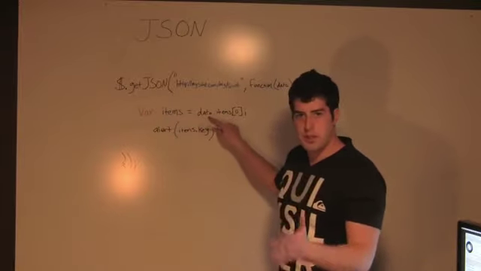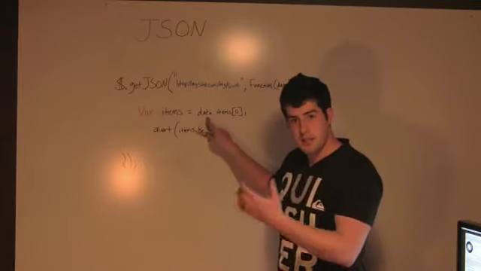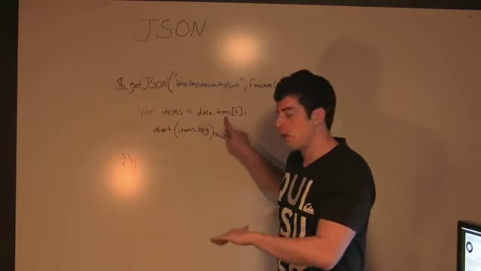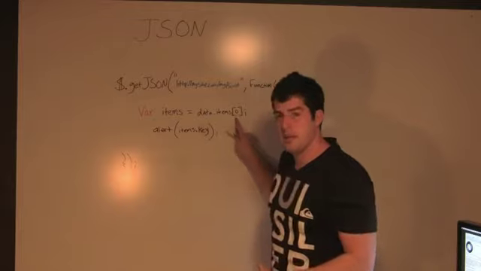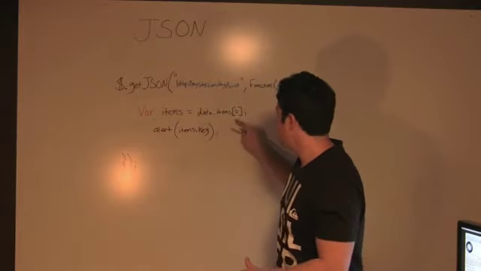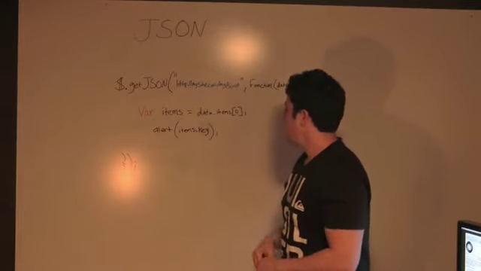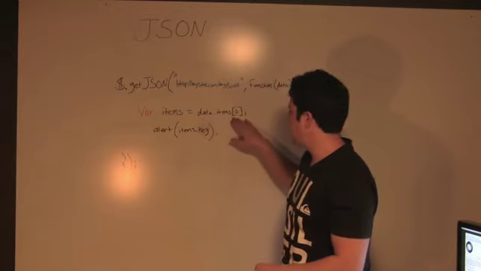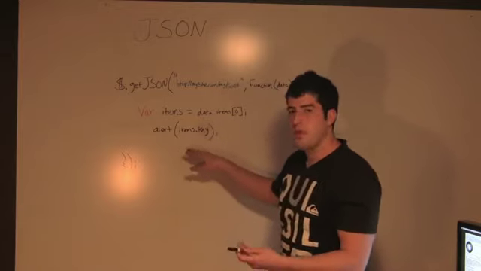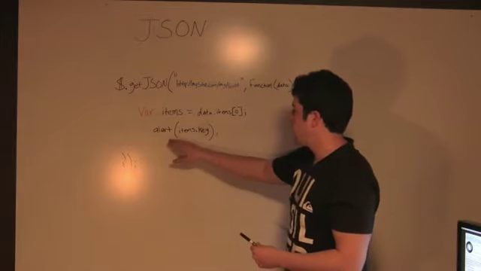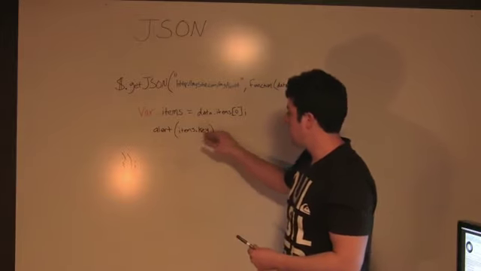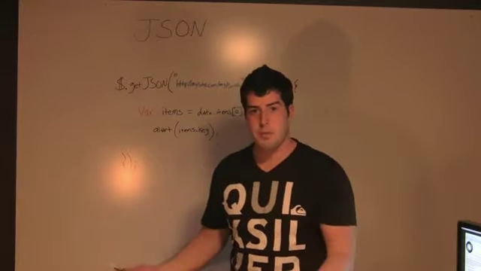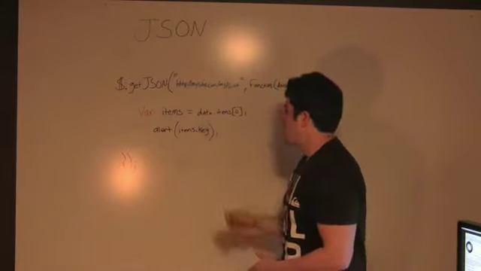That items is going to equal the data object that got sent back to me, and then the property in that object that we wrote called items, and the first array item in there. In this object there are a couple different values that we had written, so I can go ahead and alert items.key, which will get the value for the property key. As you can see, it's pretty easy.